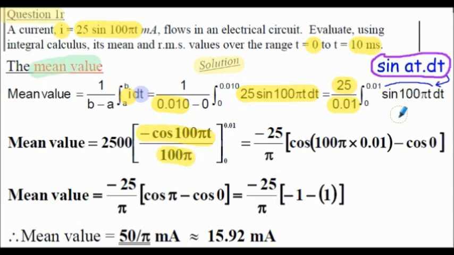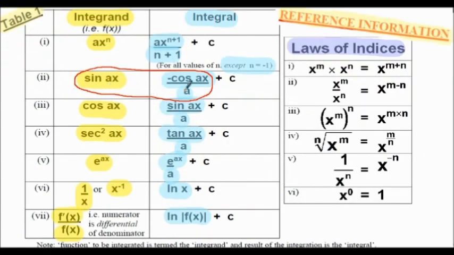Note for your reference that the sine of 100 pi t is in the form of sine at, so a is the 100 pi here, and we're integrating with respect to t. So integrating sine at becomes negative cos at upon a. That's our standard form in this table.